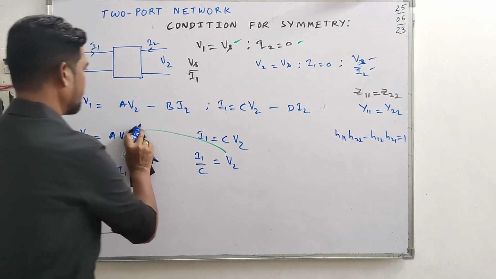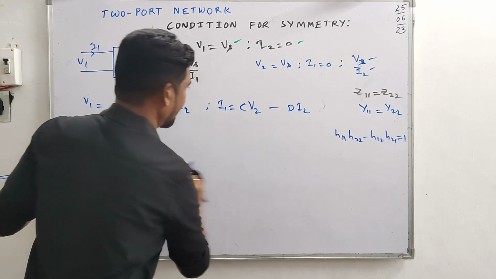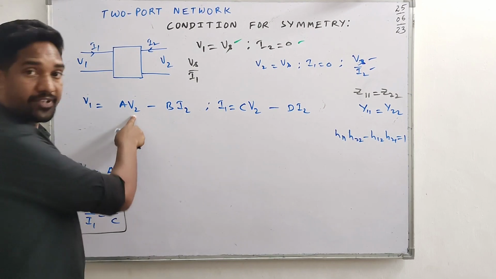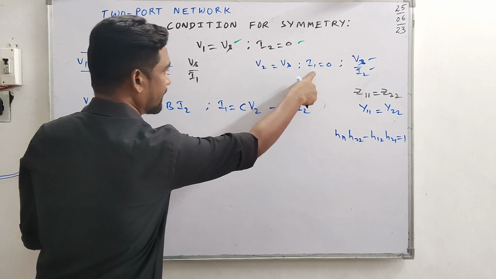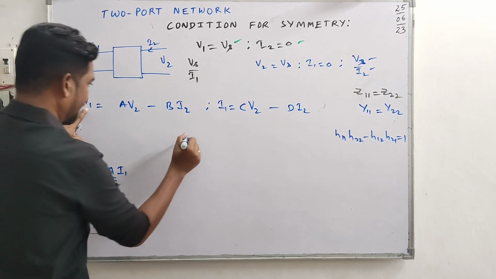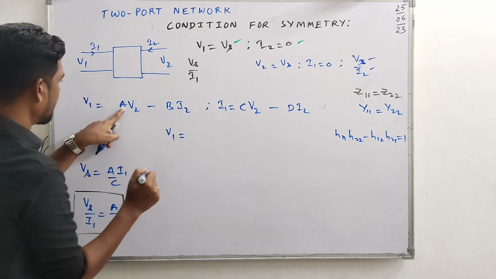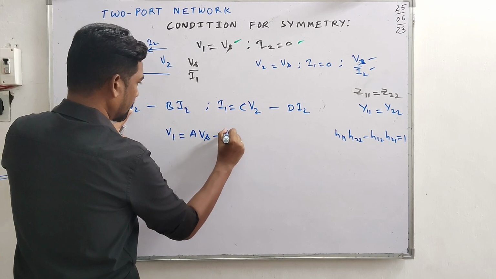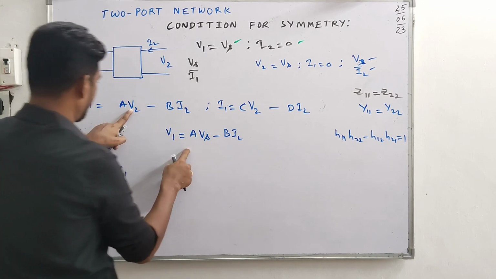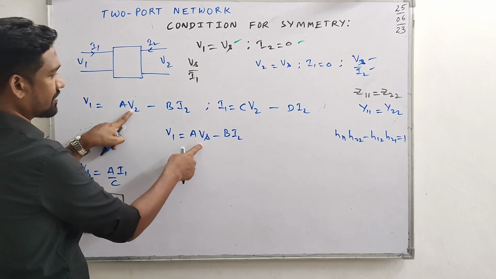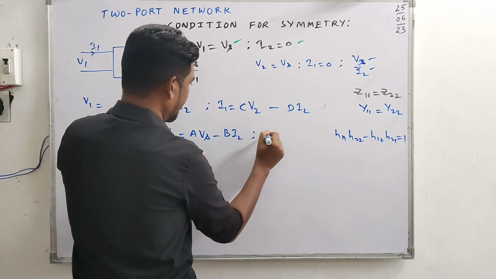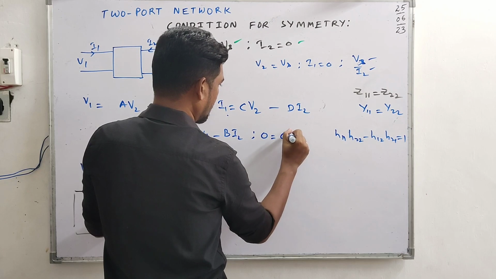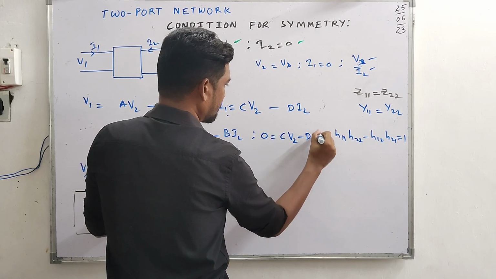On the other hand, for the second condition, V2 will be Vs and I1 will be 0, only that changes. So we have V1 equals A times Vs, and B times I2 from the second expression. Here on the other hand we have I1 is 0, which equals C times V2 minus D times I2.